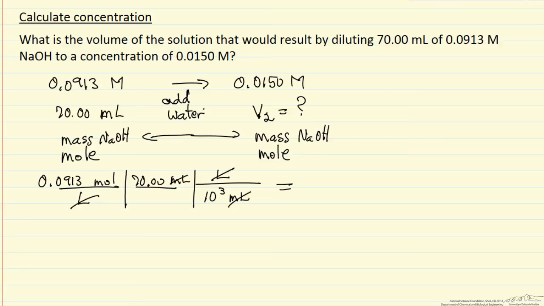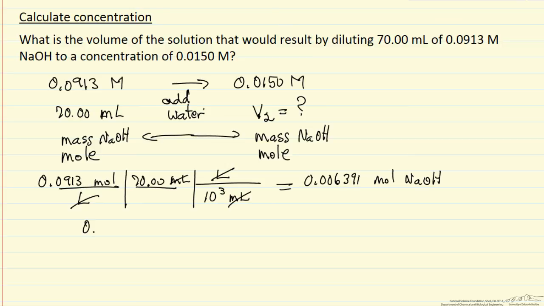So I'm going to use my calculator to get this number, and I end up with 0.006391 moles of sodium hydroxide. So that's the number of moles then I have in my final solution.